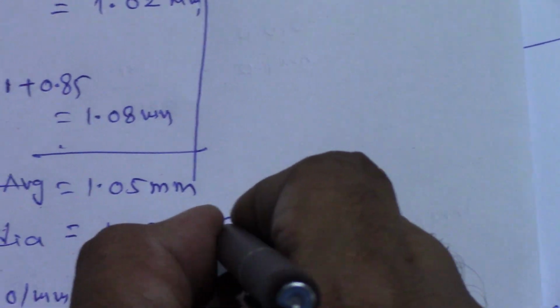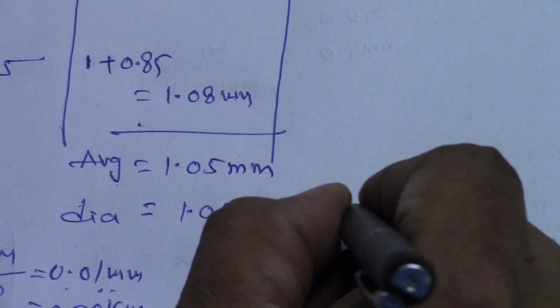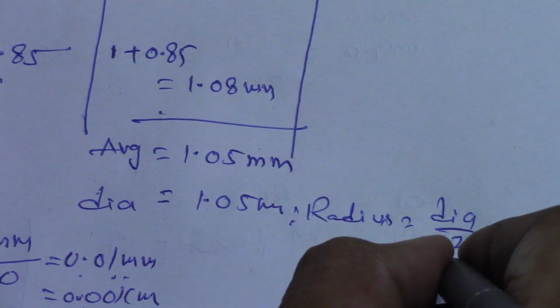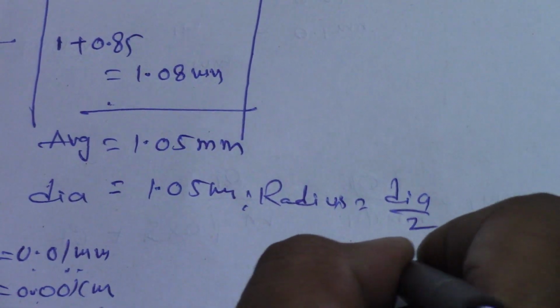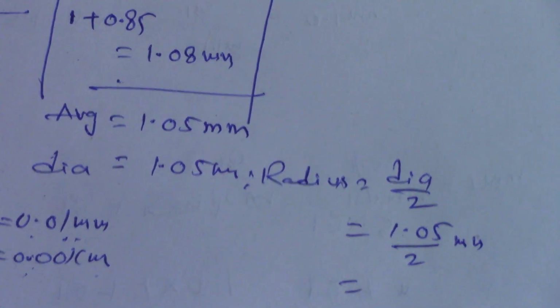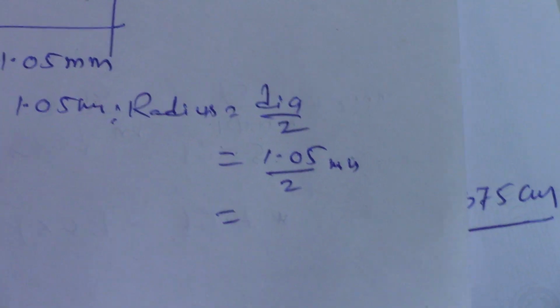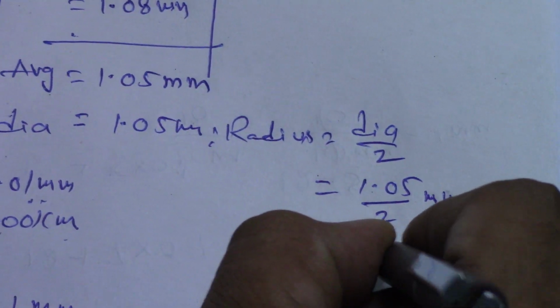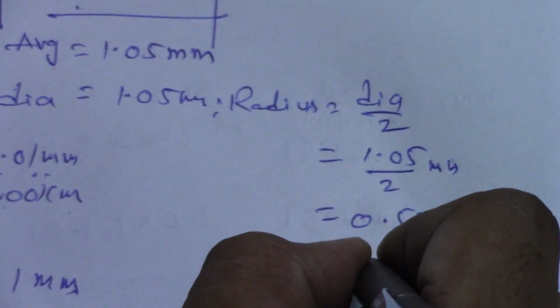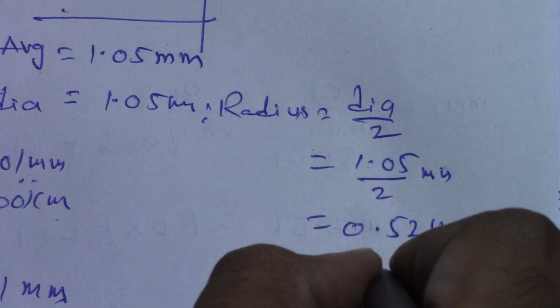It is 1.05 mm. So what is the radius, students? Obviously the radius is equal to diameter divided by 2. So here 1.05 divided by 2 in mm is equal to 0.525 mm. Convert this into centimeters, students.